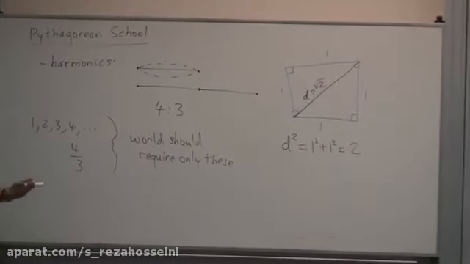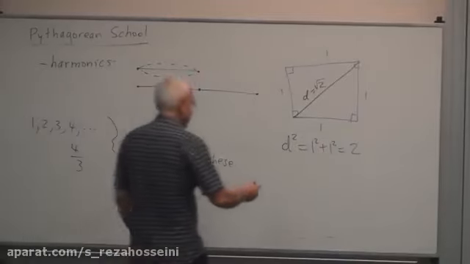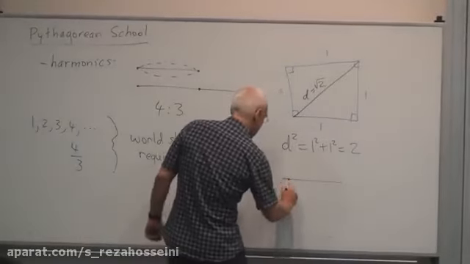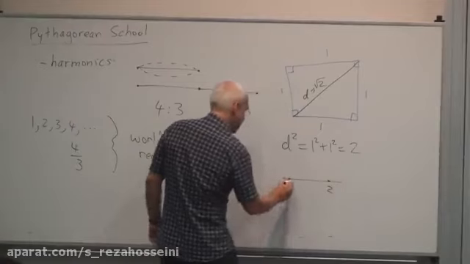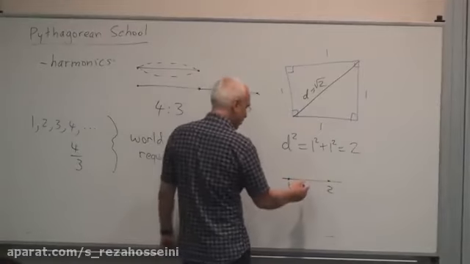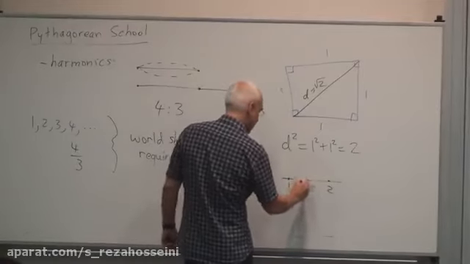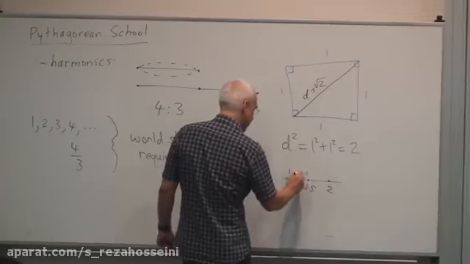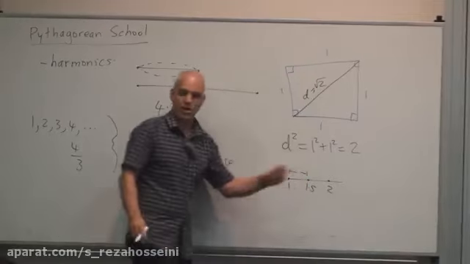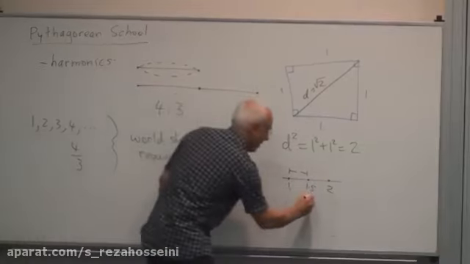So from their point of view, well, what number squared gives you 2? Well, where is d? So if that's 1 and that's sort of 2, then d should be bigger than 1, but less than 2. And it's not too hard to see that it's got to be somewhere in this range, somewhere between 1 and 1.5, 1.5 being 3/2.